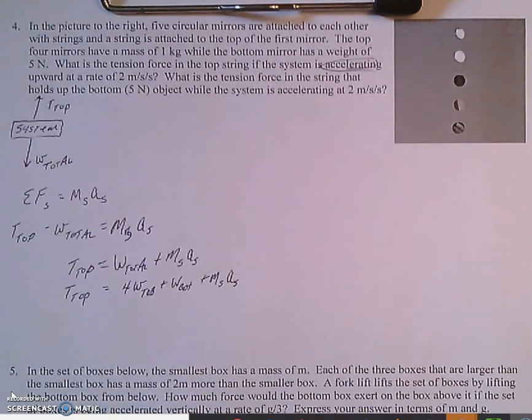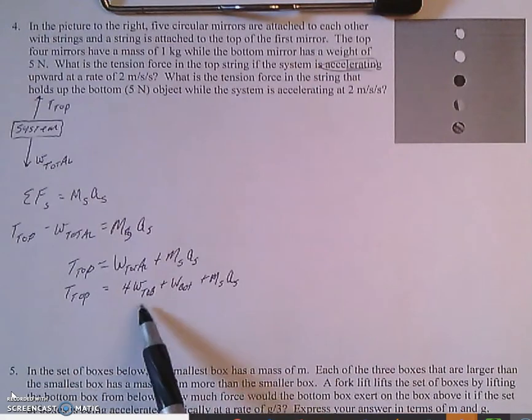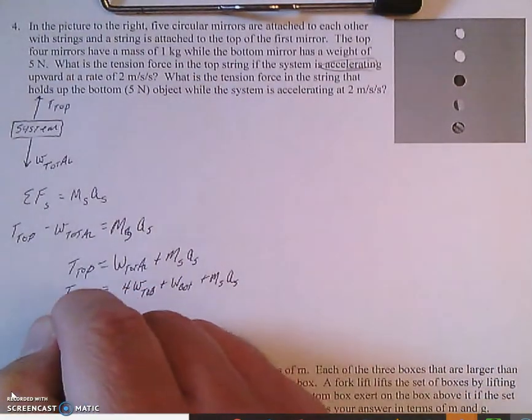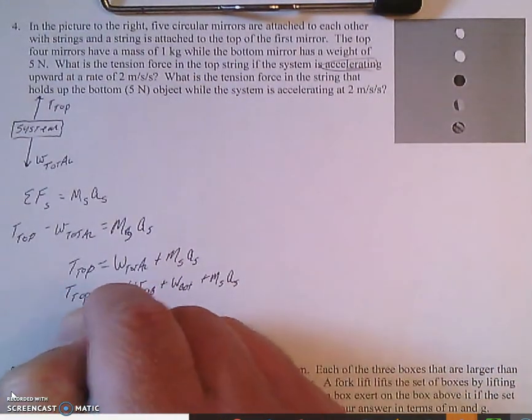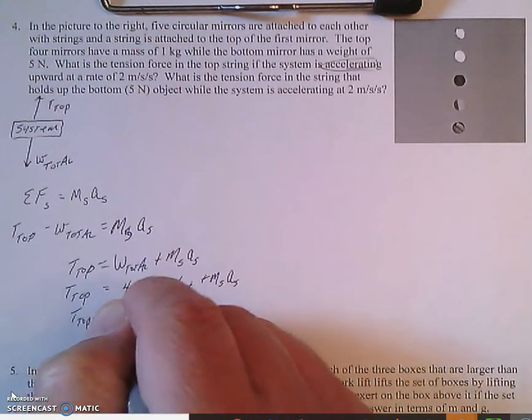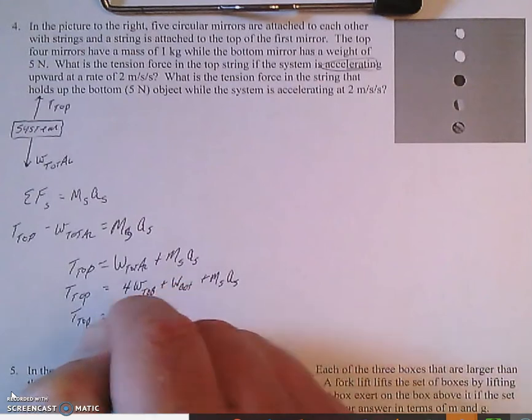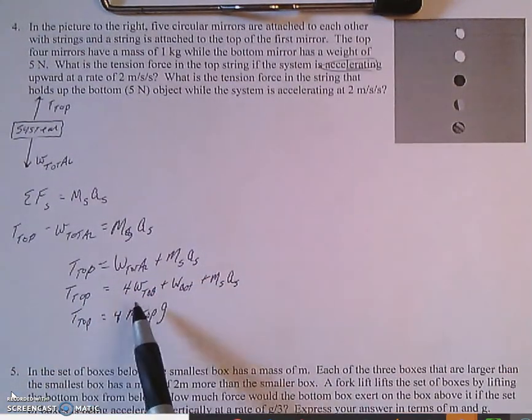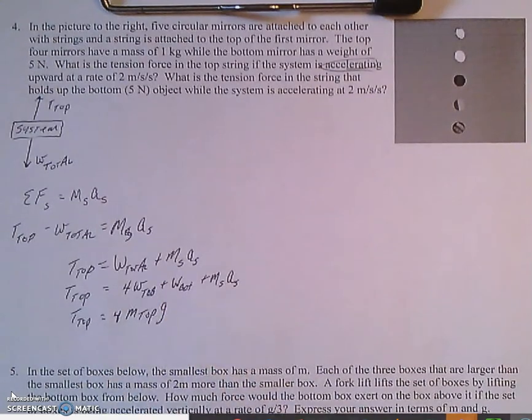All right. So do we know the weight of the top mirror? Well, no, but we know that its mass is 1 kilogram. So the tension at the top is equal to 4 times the mass of the top object times the acceleration due to gravity. That's the weight of this top object.